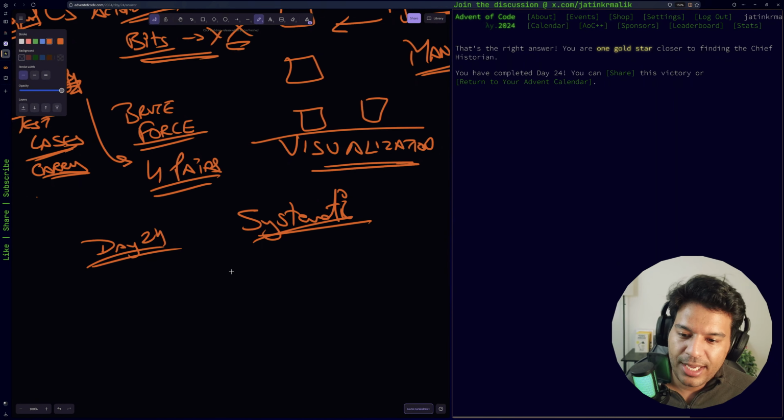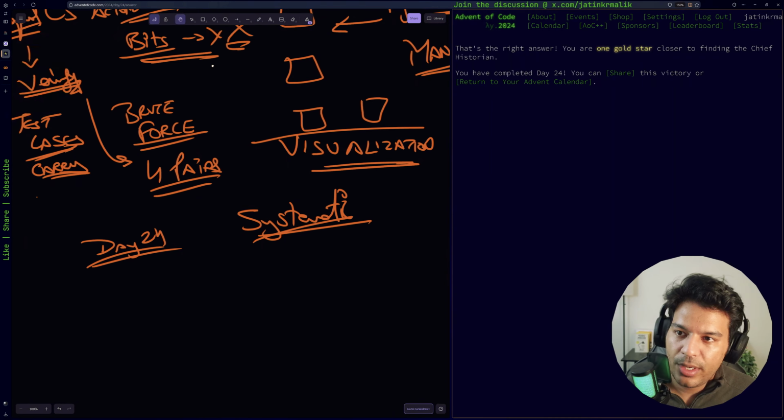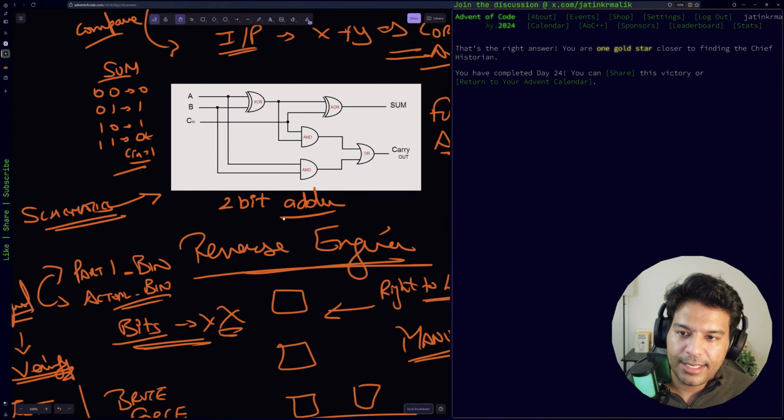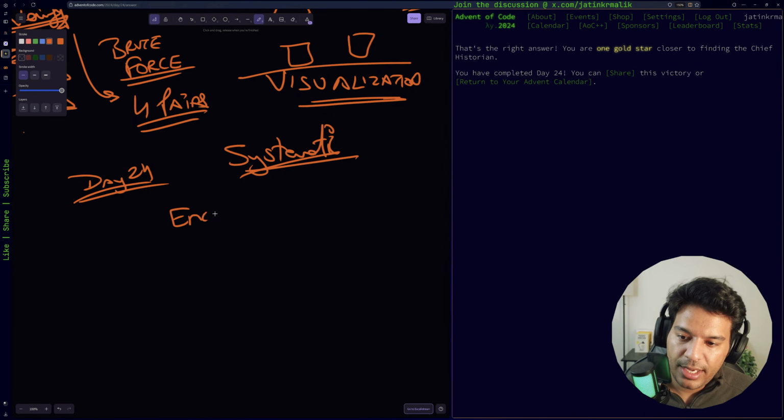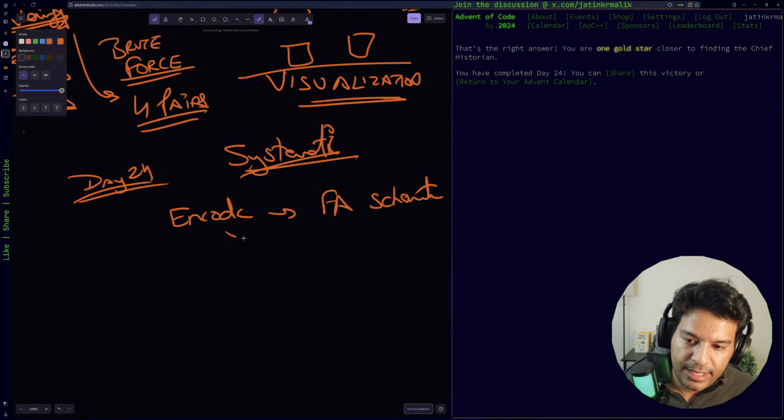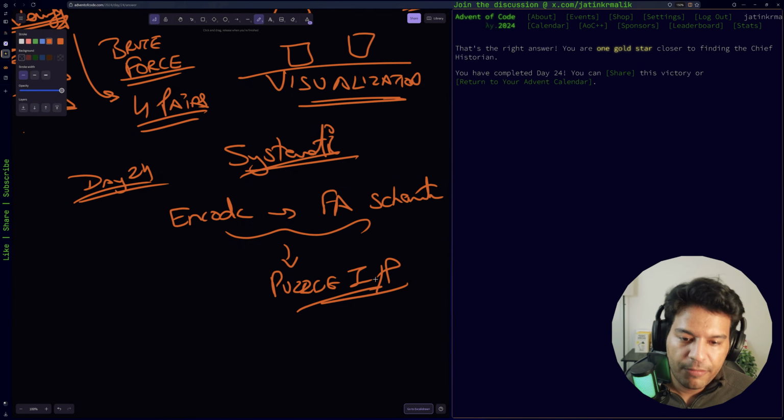I have a theory that if I can encode this diagram that is given here, so I can encode a full adder schematic, and then run it through my puzzle input, I should be able to figure that out.